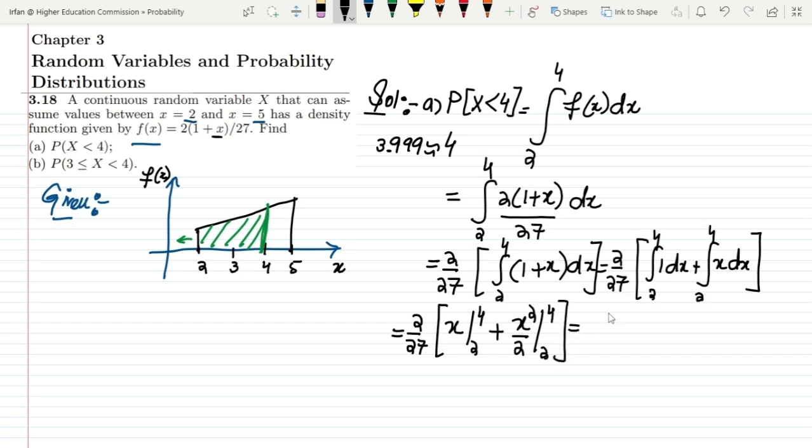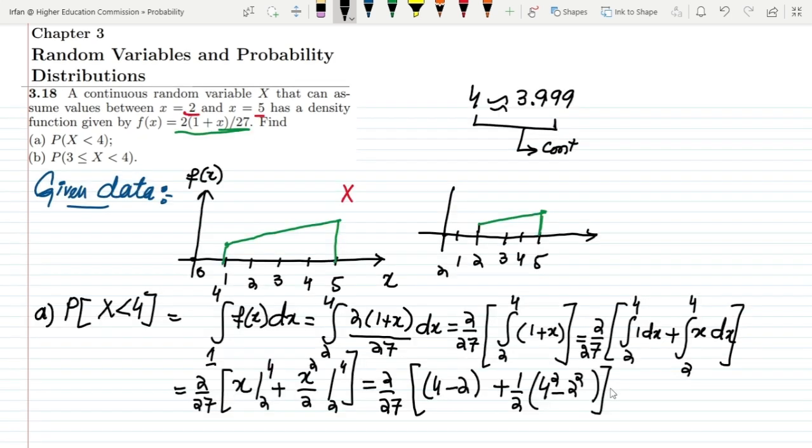Also this 2 by 27, and here we will have 4 minus 2, the higher range value in this x, minus the lower range value. Similarly here we will have 1 by 2, and now x square higher minus x square lower value.